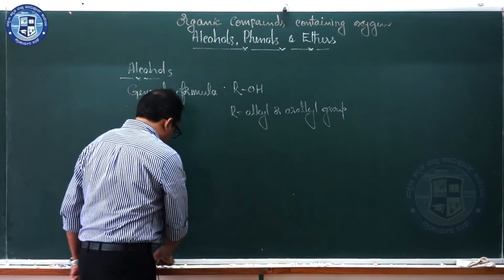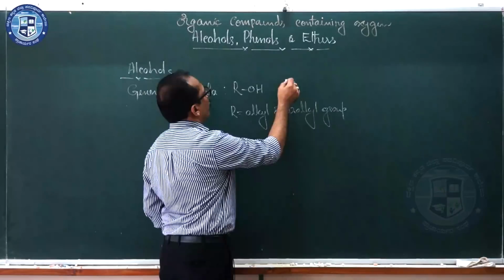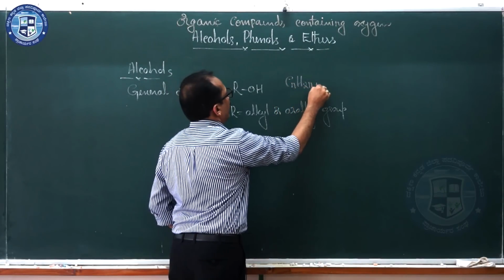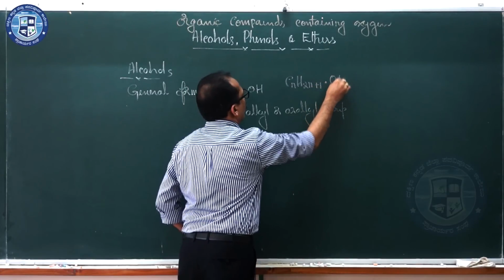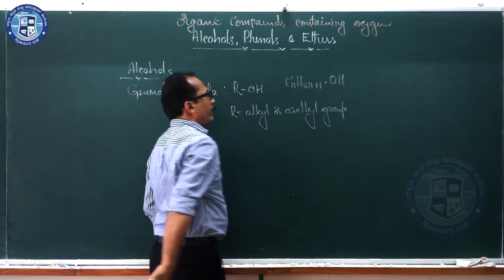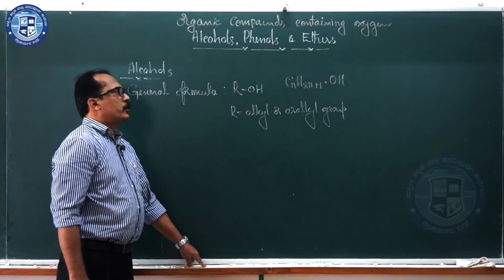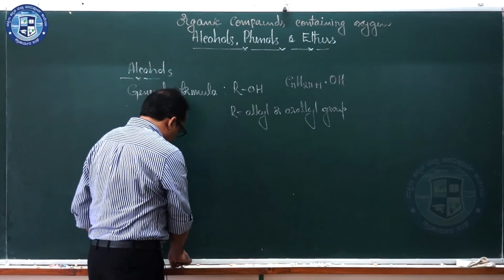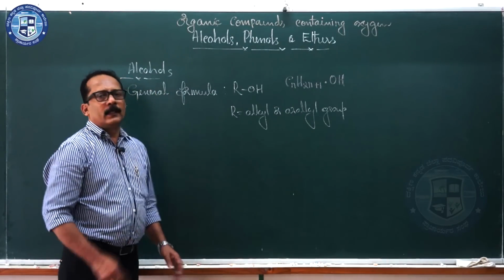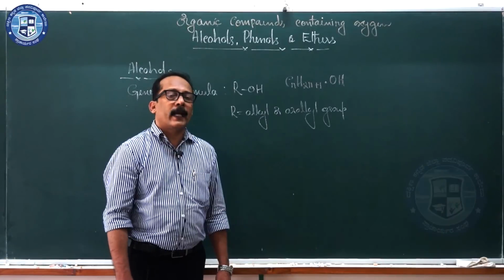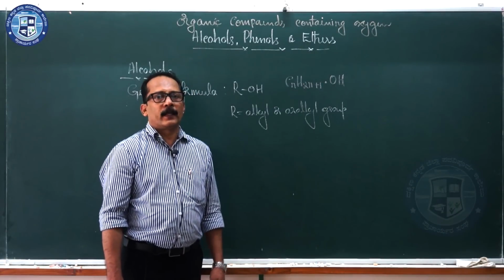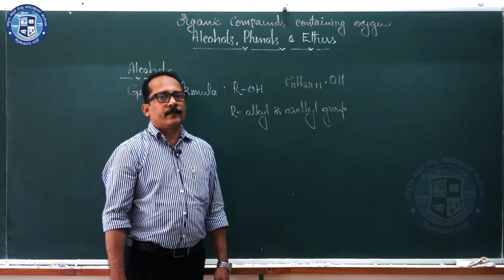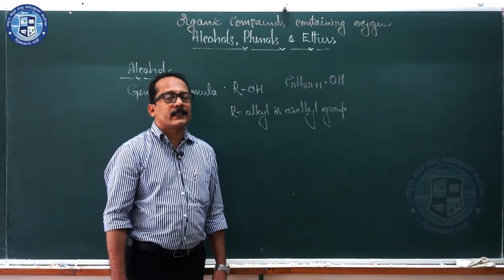Or we can write the general formula of alcohol as CnH2n+1 OH. Now, if R is an alkyl group, such types of alcohols are called aliphatic alcohols. If R is an aryl group, they are called aromatic alcohols.